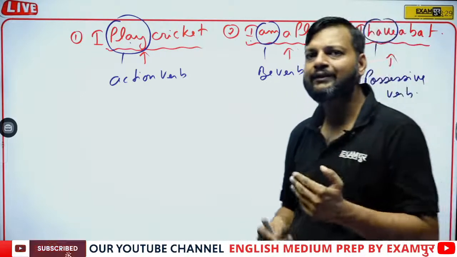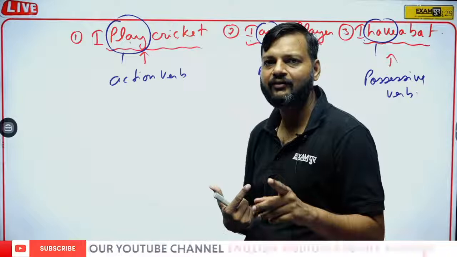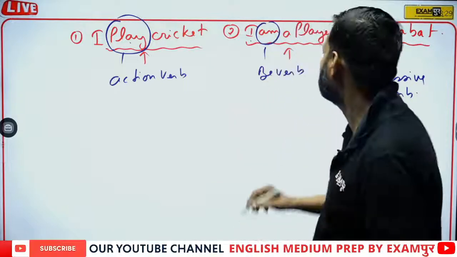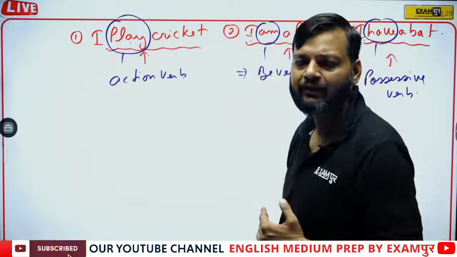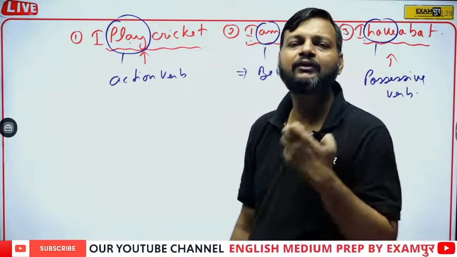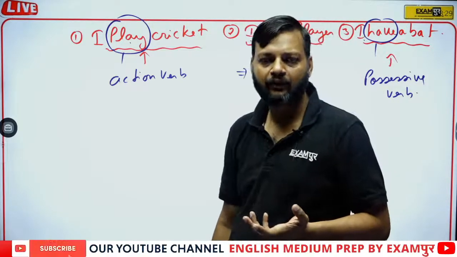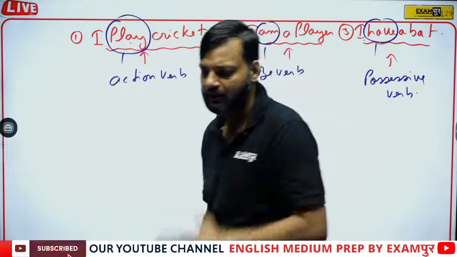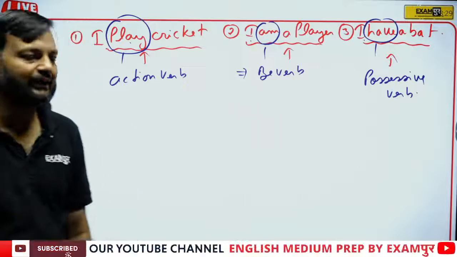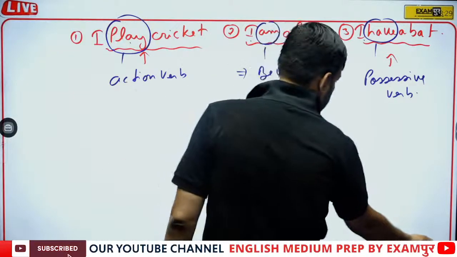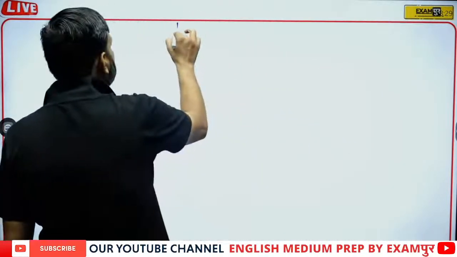So the most important thing out of these 3 sentences is to understand the be verb. Why is this the most important thing? Because students often get confused about the be verb. So let me tell you about be verbs in detail.